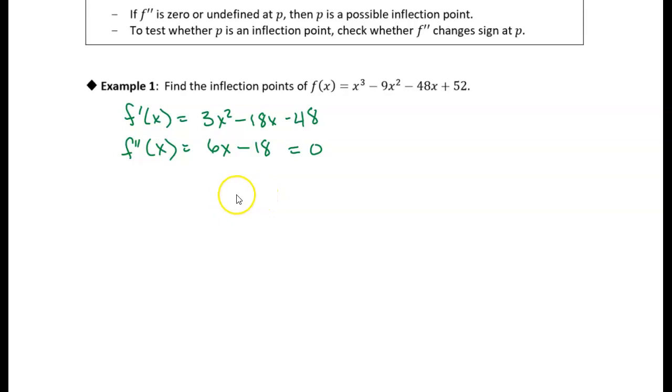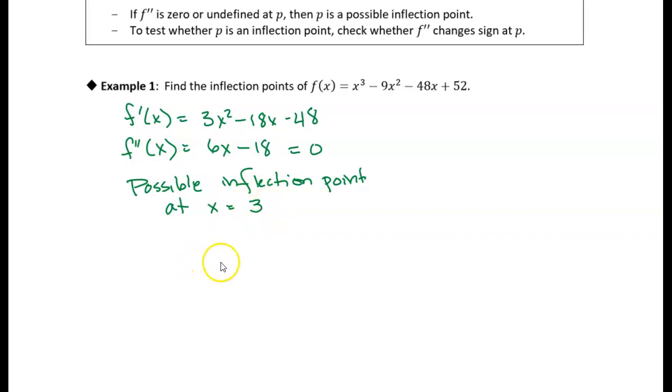And I can find that there's a possible inflection point at x equals 3. All right, because if I plug in 3 for x, I'll get 18 minus 18, and that's 0.